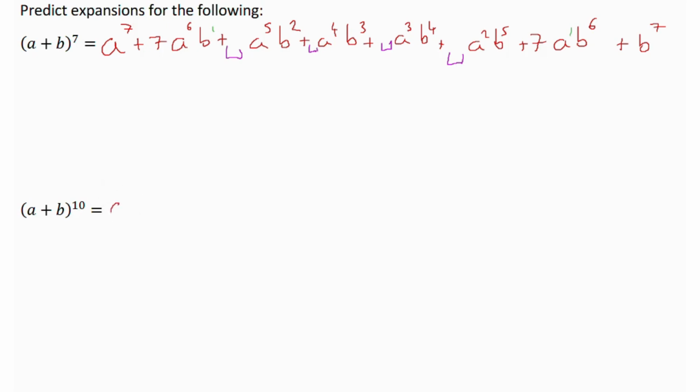Well, we're pretty confident it's going to start with an a to the power of 10. And we're pretty confident it's going to finish, I'm going to write it on the next line because there's no way it's going to fit on one line, as b to the power of 10. We're pretty sure it's going to be 10 a to the power of 9b.